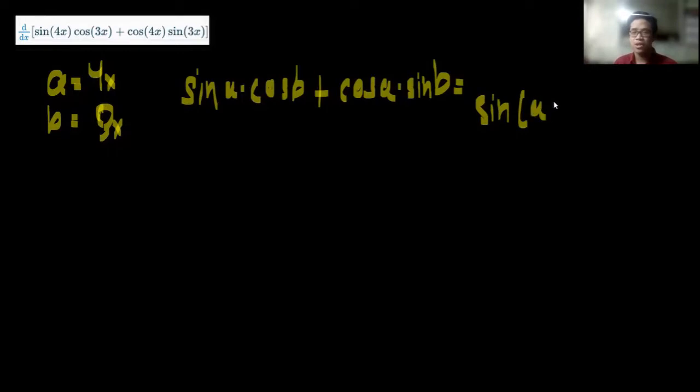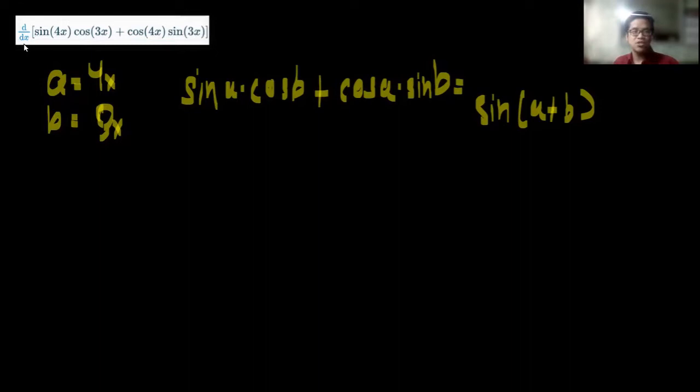So sine A cosine B plus cosine A times sine B is the same as sine of A plus B. So you see, this is a sum and difference identity in trigonometry. I told you already in the previous question that we answered, you should know this identity so that it will be much simpler for you.